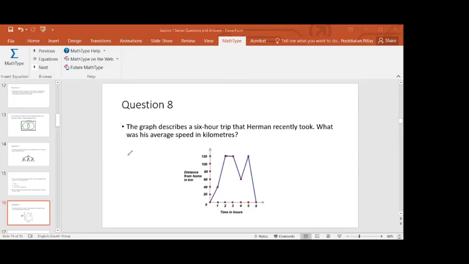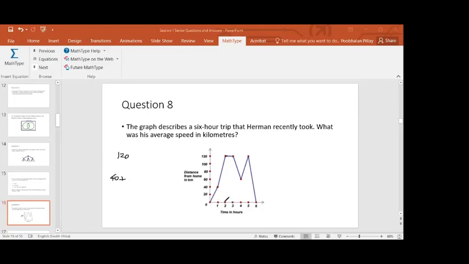So the total distance he travels, you have to look at the total distance he traveled altogether. Let's do it hour by hour. In the first hour, he's traveled 40.